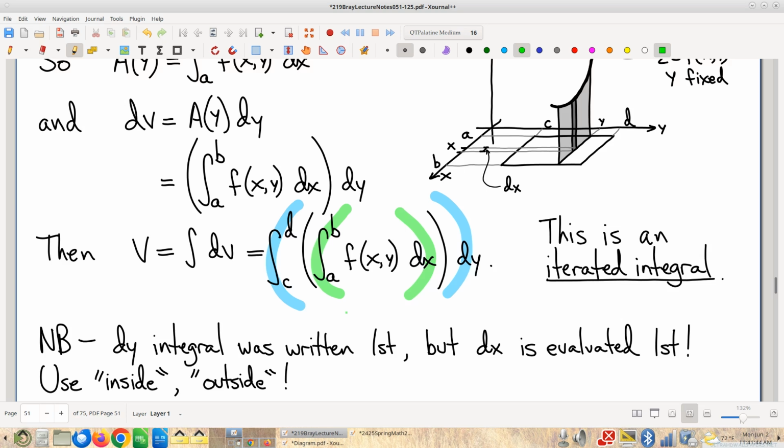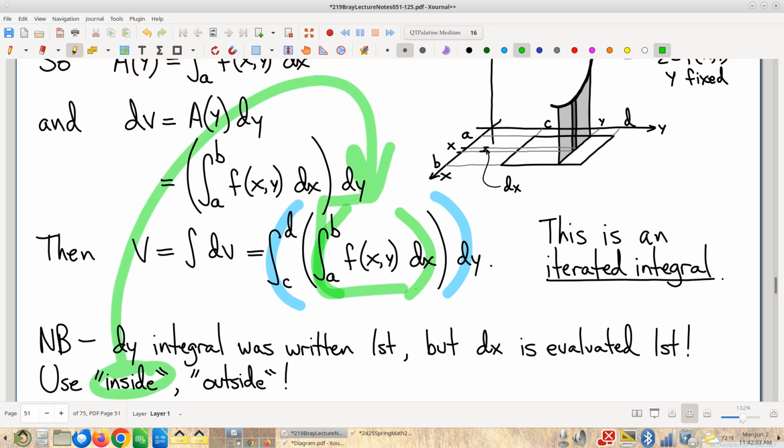So this first and second terminology is hopelessly fraught. And I urge that you not refer to either of these integrals as being the first or the second. There's a lovely way around this, and that is to just refer to this one as the inside integral.